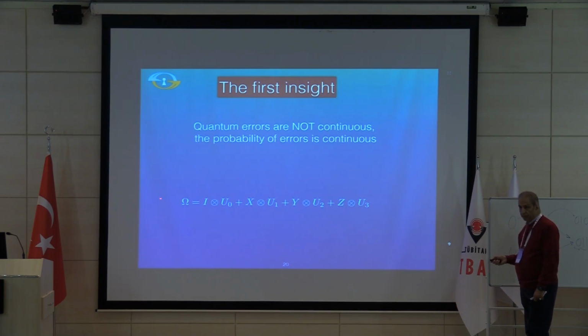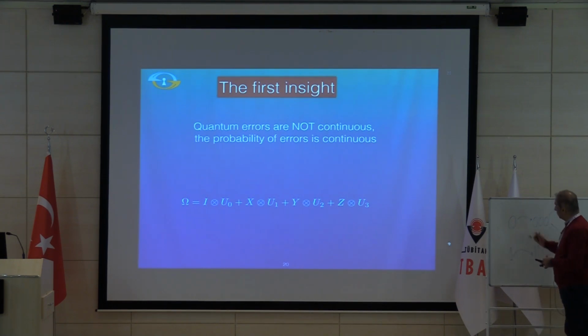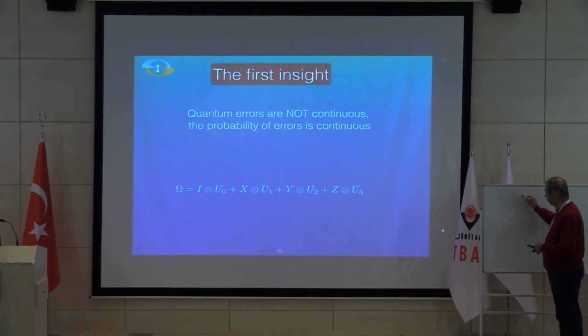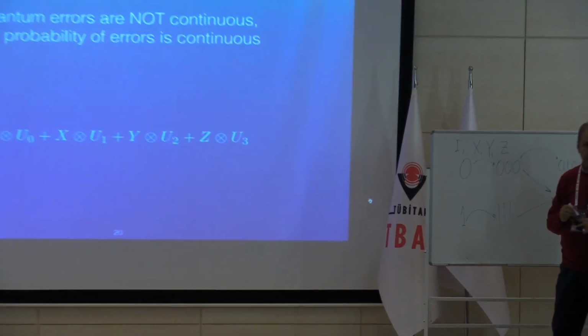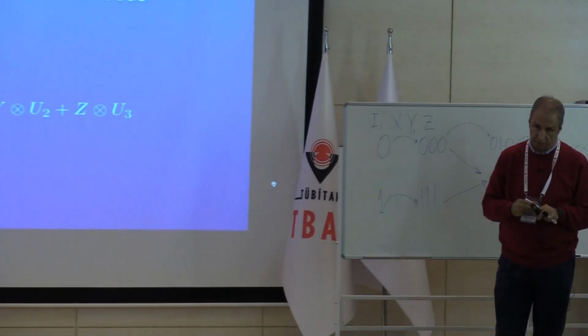You expand omega, which is the big unitary operator, in terms of the basis of Pauli operators on the first qubit, which are I, X, Y, and Z. You know that the operators I, X, Y, and Z are the basis of operators in two-dimensional Hilbert space.